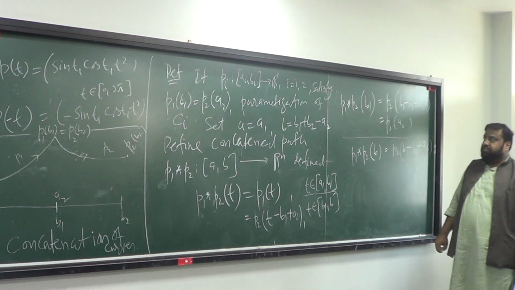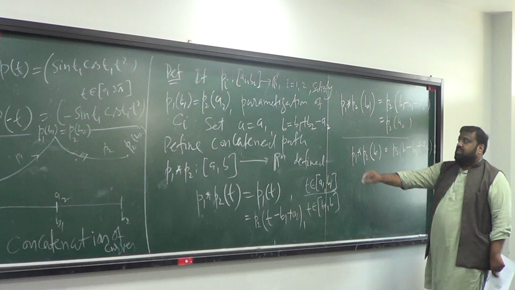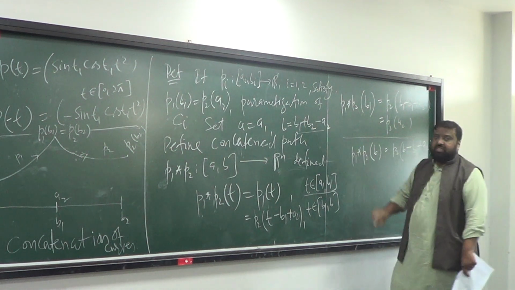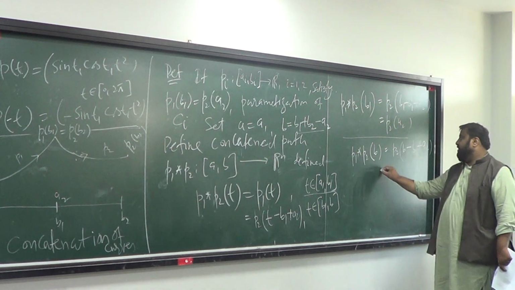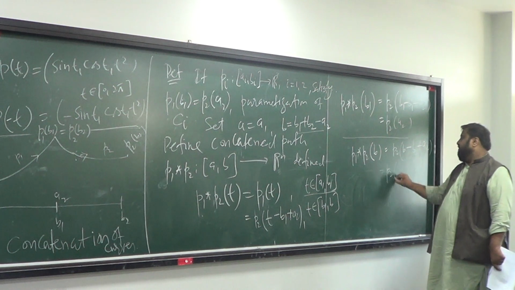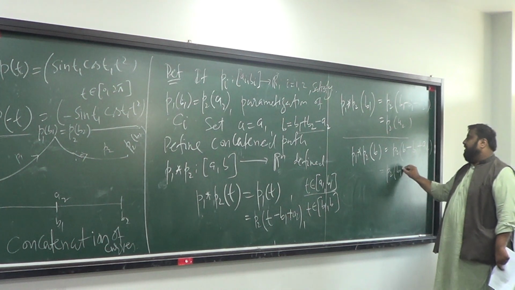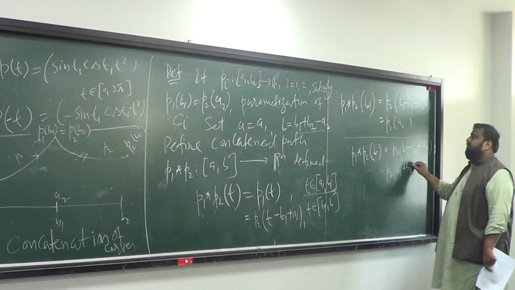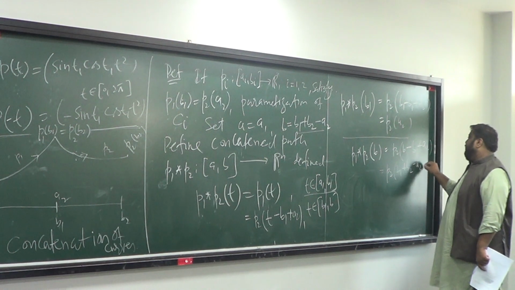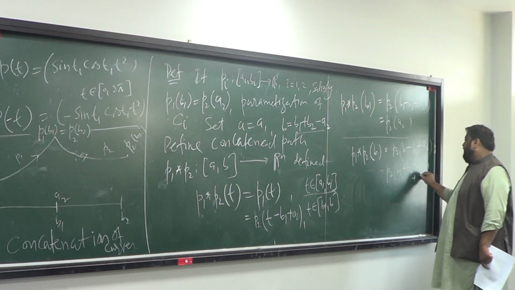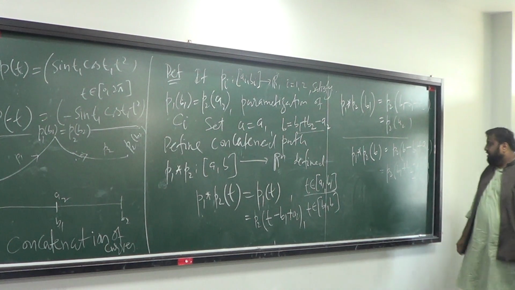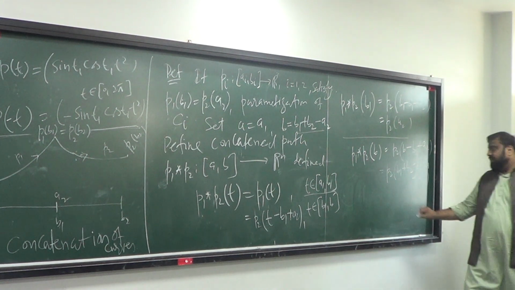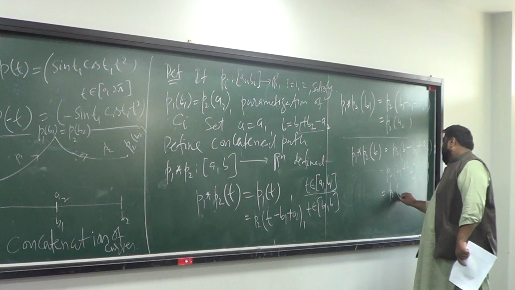And what is B? B is this guy. So substitute this B into it, P2, so you're going to get what? B1 plus B2 minus A2 minus B1 plus A2. So what is the net result? You get P2 of B2.